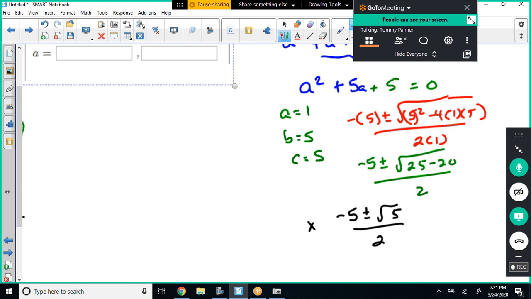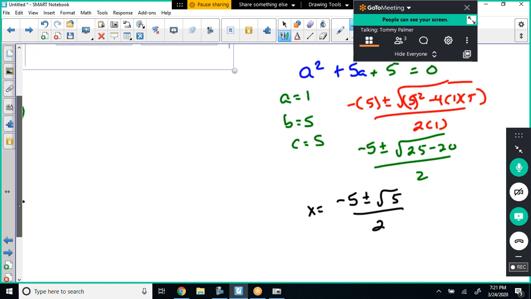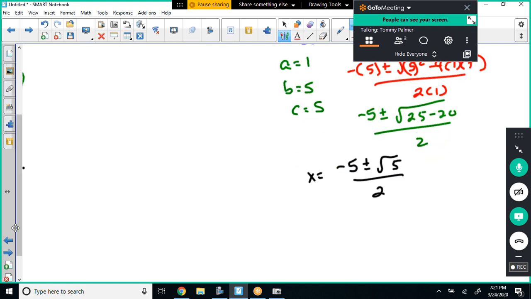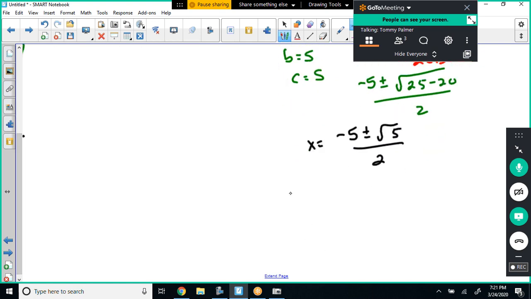I say x, it's really A, right? But let's see this. Now we're at the point where we can split this, correct? We've got x equal to -5 plus the square root of 5 over 2, and x equals -5 minus the square root of 5 over 2. Do you see how I'm breaking these up? How I'm splitting these? Yay or nay?